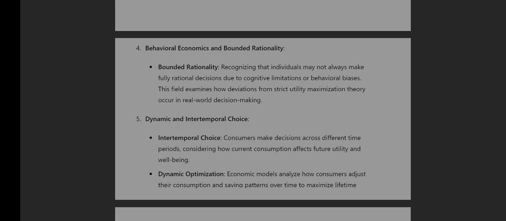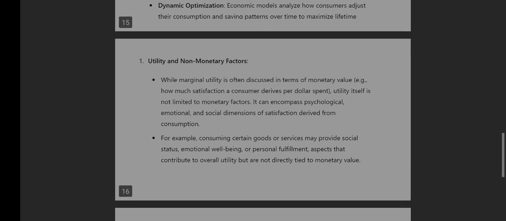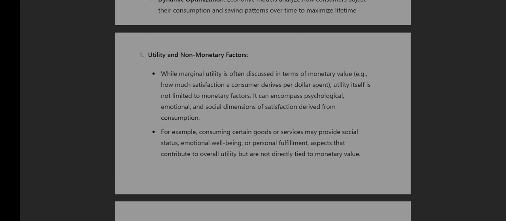Dynamic and intertemporal choice. Intertemporal choice: consumers make decisions across different time periods, considering how current consumption affects future utility and well-being. In dynamic optimization, economic models analyze how consumers adjust their consumption and saving patterns over time to maximize lifetime utility.